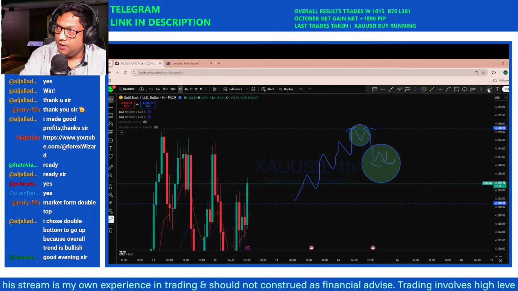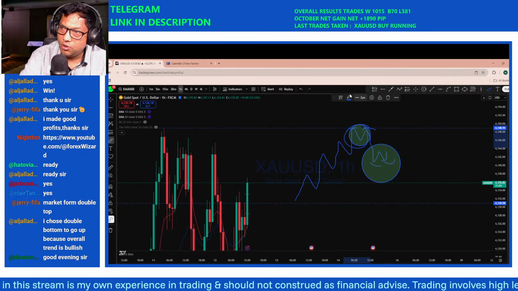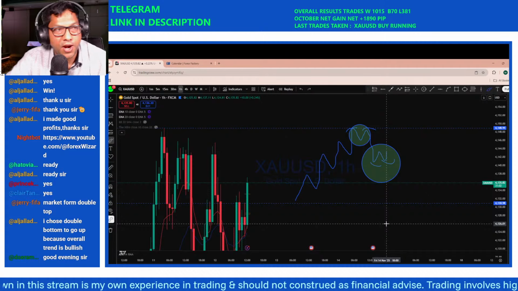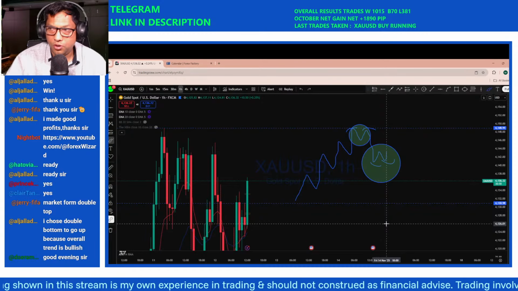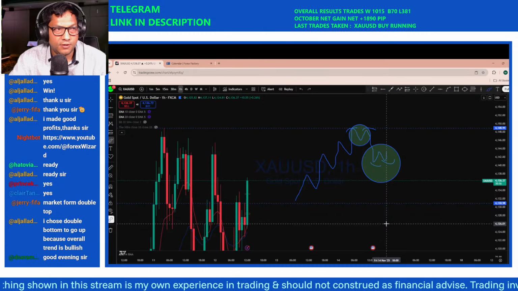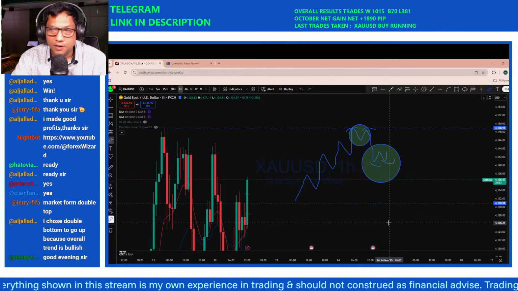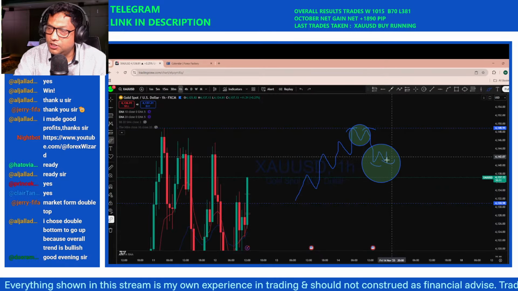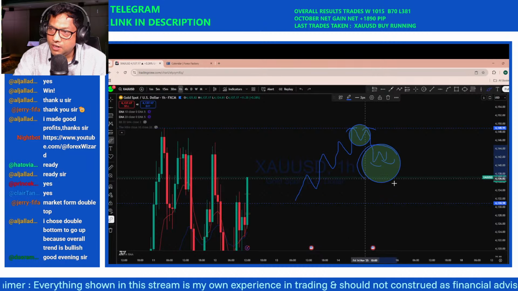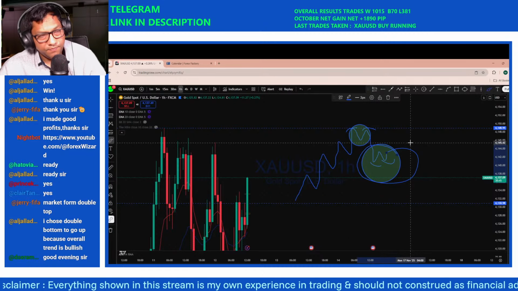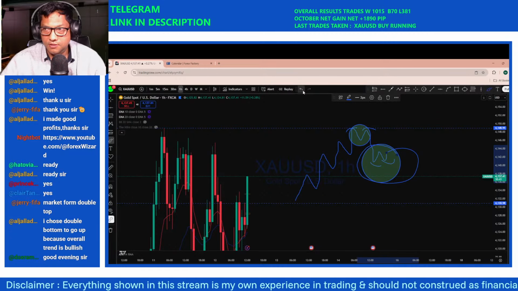If you're selling the double top, then you are trading against the trend, so you are prioritizing the pattern before the trend. If you are trading this double bottom, then you are giving priority to the trend over the pattern.